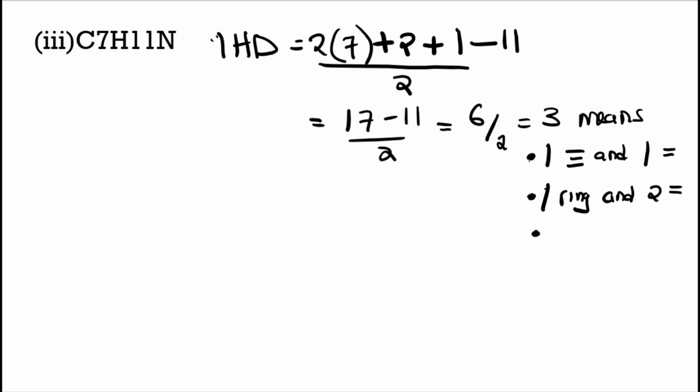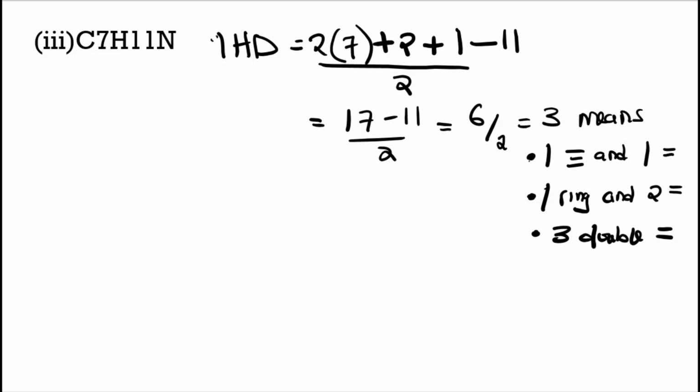So this is just 1 ring and 2 double bonds. Or you can have 1 triple bond and 1 double bond. Or you can have 3 double bonds. That's what this means.